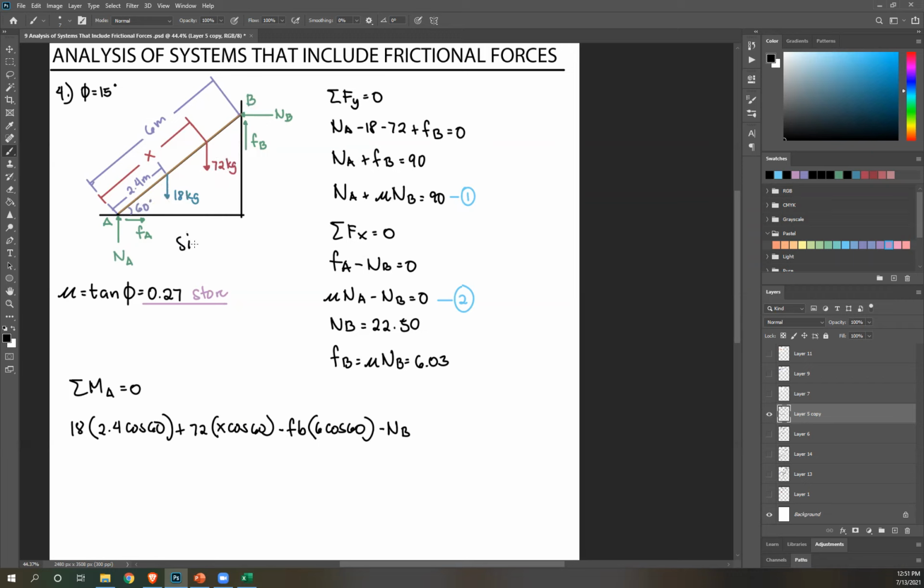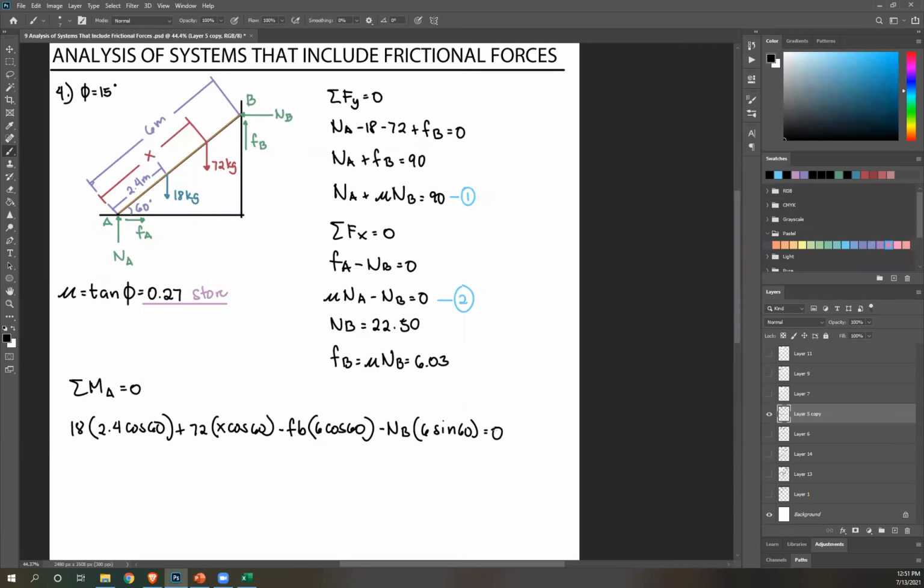So here using sine 60 equals opposite, let's call this y, over hypotenuse 6. So y is just 6 sine 60. There's no other force, so equate to 0.